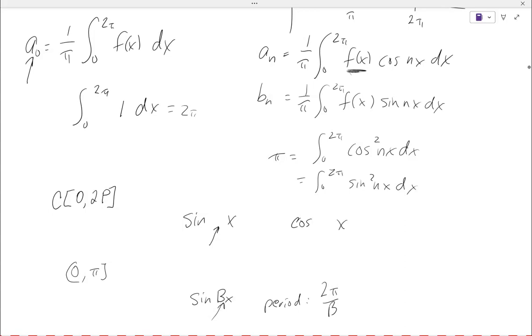Okay. All right, so let's go back to the original question that I asked back up here. I want to change the period from 2 pi to 2p. What does the b need to be? Pi over whatever the period is, right? The p?